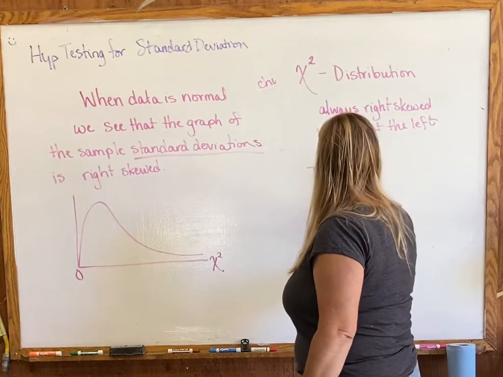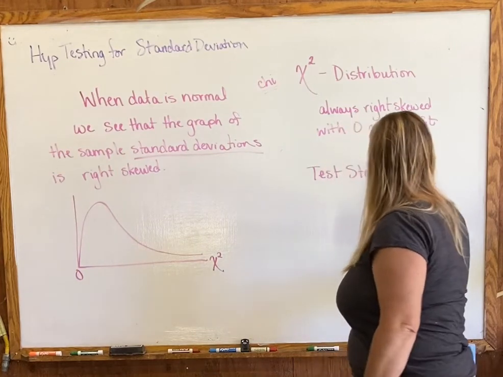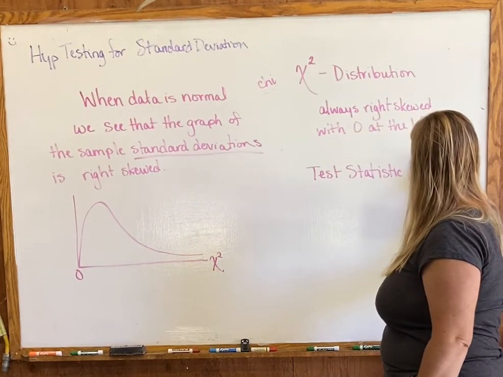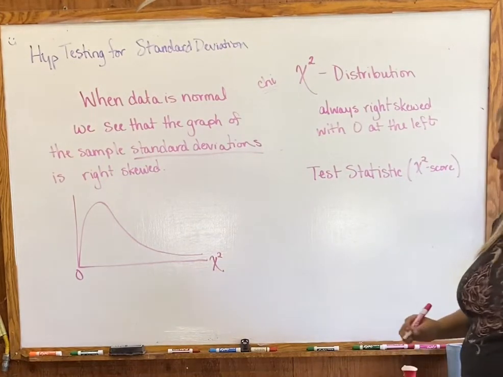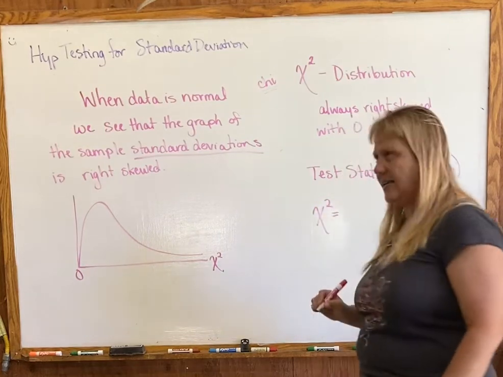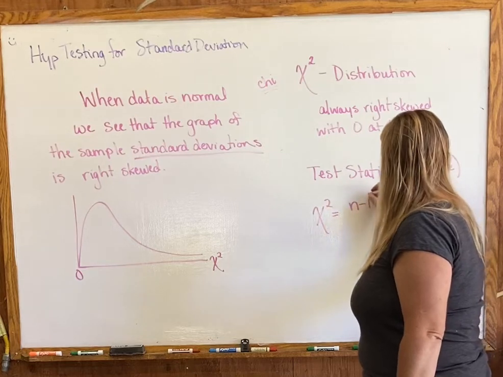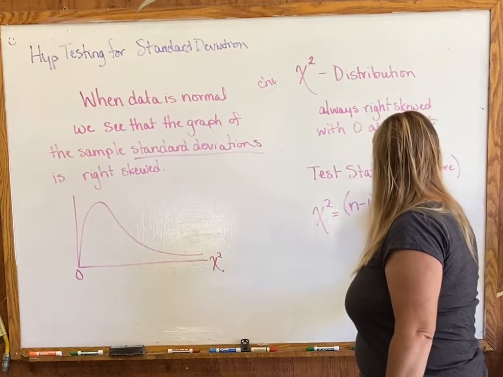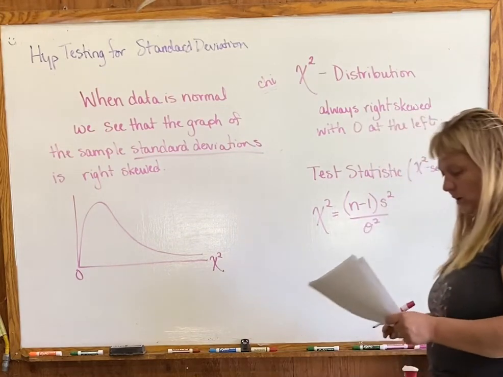Our new test statistic is going to be a chi-square score. So not a z-score or a t-score. And the chi-square score formula is not that bad actually. It's n minus 1 times s squared over sigma squared.